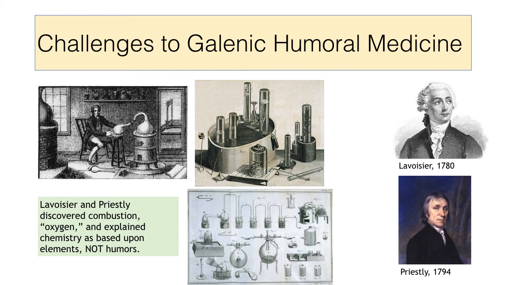Galenic medicine believed that there were four humors, which we've discussed, and four elements, which we've also discussed, that were named by the ancient Greek Aristotle: earth, air, fire, and water. Lavoisier claimed that there were actually many, many elements, and that these elements were substances that could not be chemically decomposed into other elements.